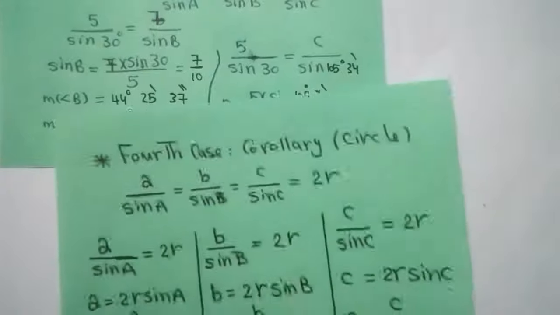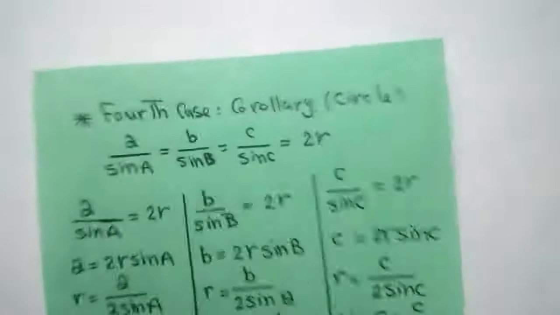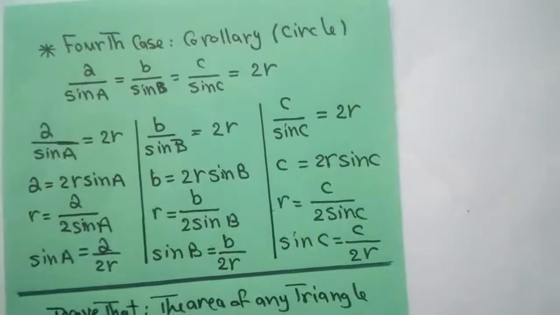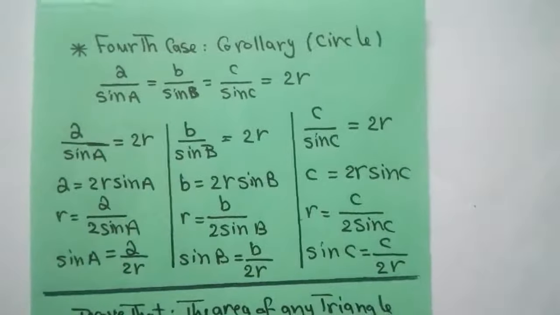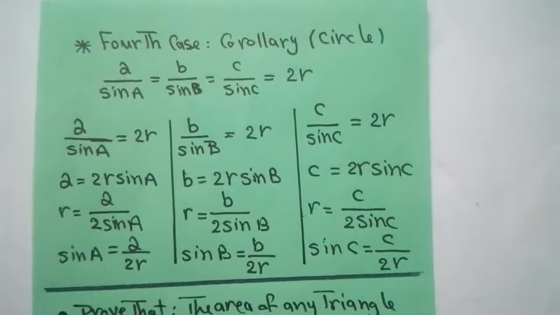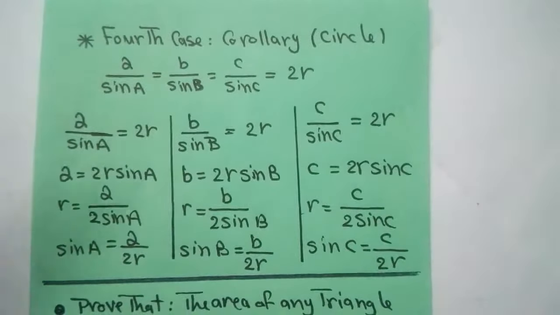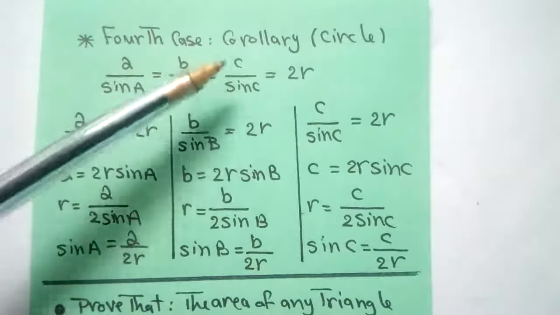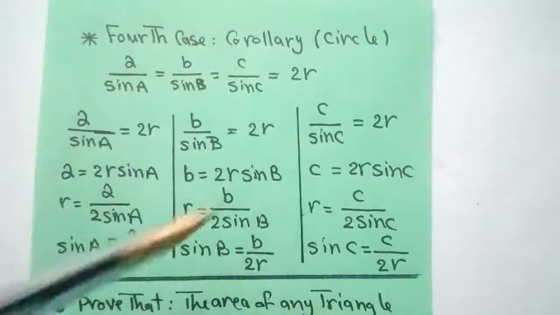Fourth case, the corollary: the circle passing through the vertices of the triangle. a over sine A equals b over sine B equals c over sine C equals 2R.